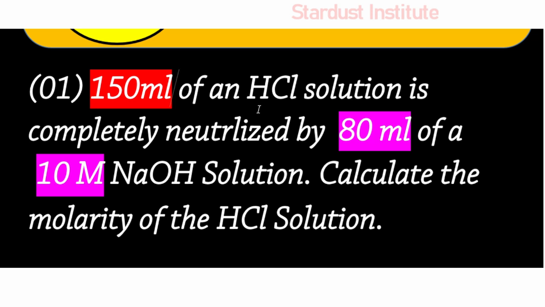We have to find it. We have been asked to calculate the molarity of the HCl solution. We know the volume of this sodium hydroxide solution, 80 milliliters, and the molarity of this sodium hydroxide solution, 10 M.